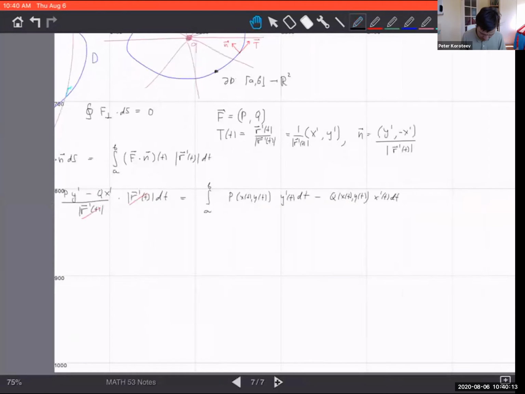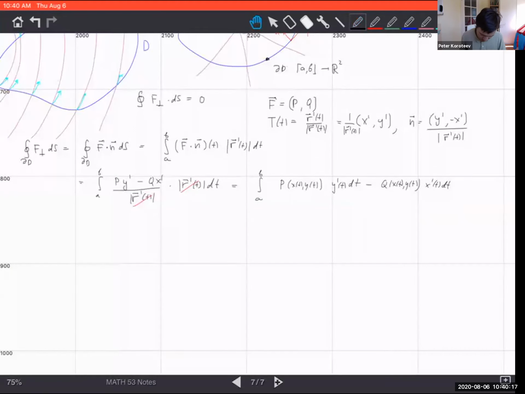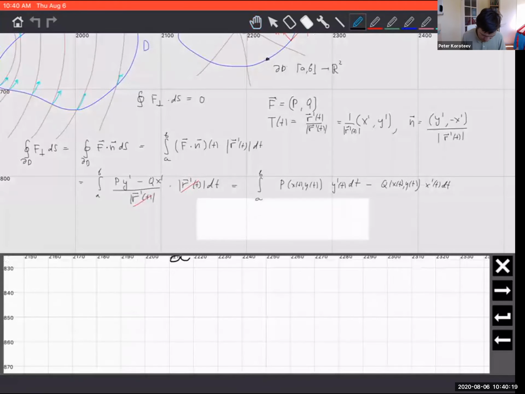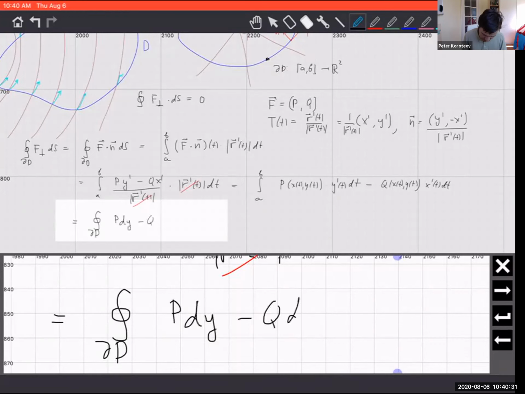And now let's combine it back into a differential form. In terms of differentials, it's also equal to the integral over this boundary of p dy minus q dx.